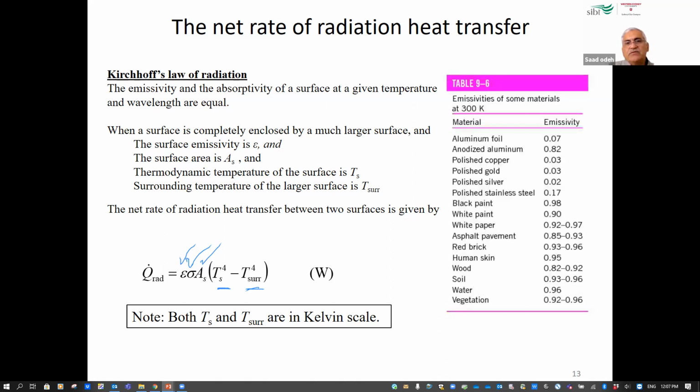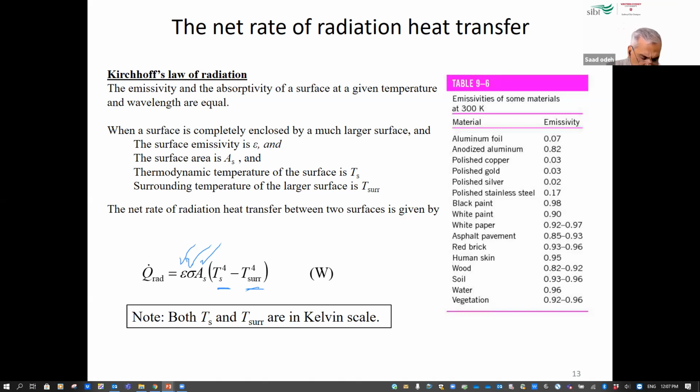As you can see here from table 9.6, for each material, you have different emissivity. So let's say if we want to have high radiation from the surface, which material can we use?